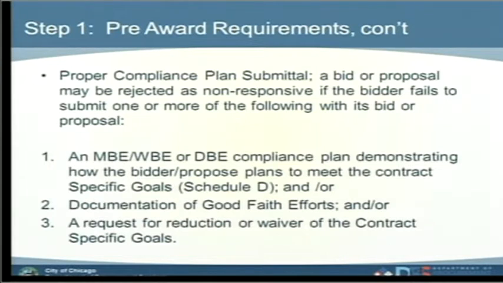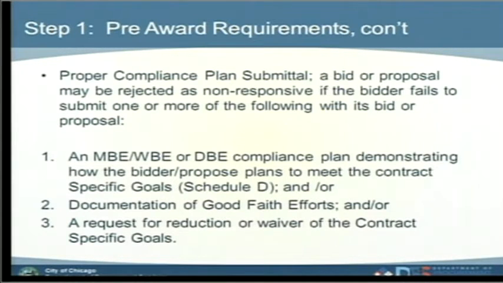That's what we call the Schedule D. That's our compliance plan. That will list out who is going to be participating, what the percentage is going to be, and what the allocated amount of money is compared to the grand total of the contract. The second one is documentation of the good faith efforts. That's another schedule. We're going to go over that in a little bit.